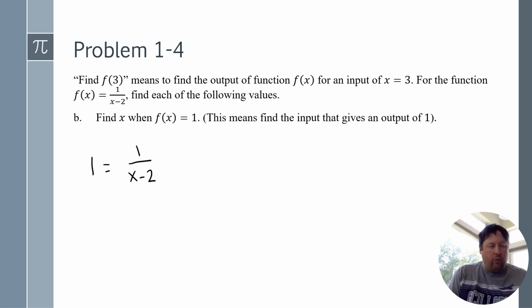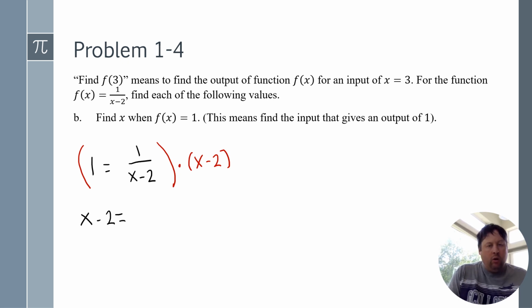So what you do is, because we have a fraction and the denominator of that fraction is where the input I want, or the value of the x I'm solving for is, you take the entire equation and multiply that by the denominator. So I get 1 times x minus 2 is just x minus 2.